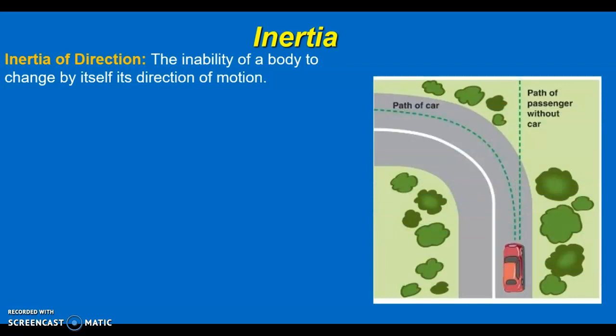Now, inertia of direction is the inability of a body to change by itself its direction of motion. So again, we have this car moving on a straight road, then it reaches a point in which it has to go through a U-turn, changing its direction of motion. Now, it's able to do that due to the friction exerted by the ground on the tires and so on.